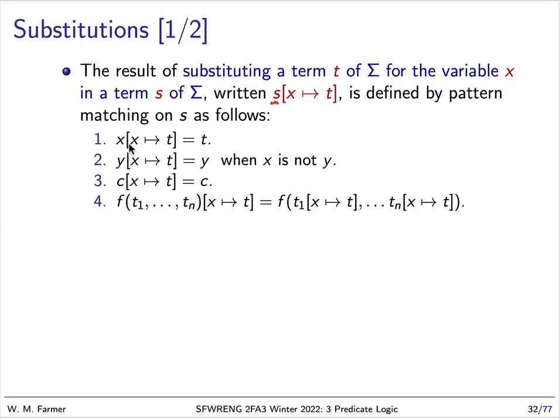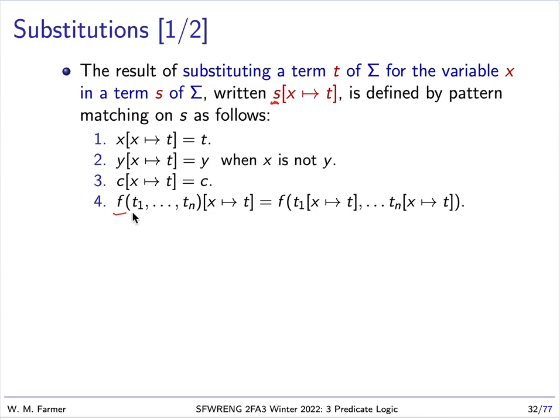Well, we need a pattern where s is x, and we need a pattern where s is a variable that's not x. So when s is x, there's just one occurrence of x. We replace that with t. That's what our substitution says to do, so we'll get back t. If we have y, there's obviously no occurrences of x, so we just get back y. If we have a constant, again, it's obvious we have no occurrences of x, we get back c.